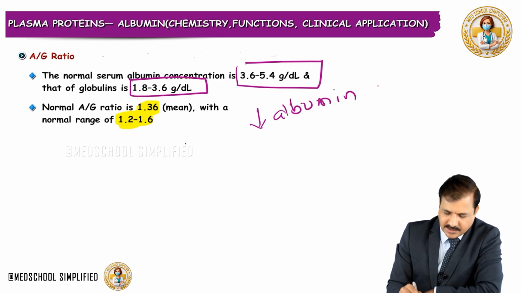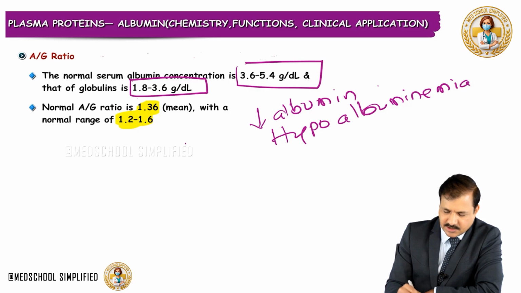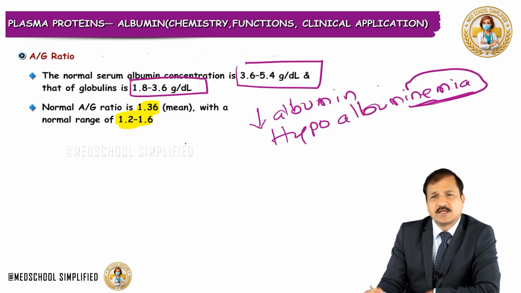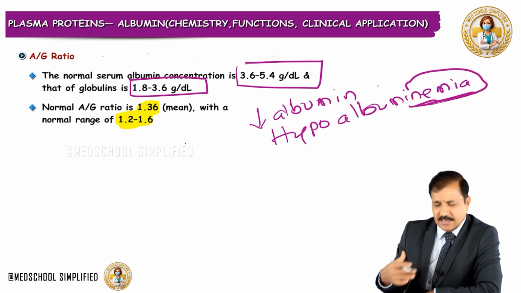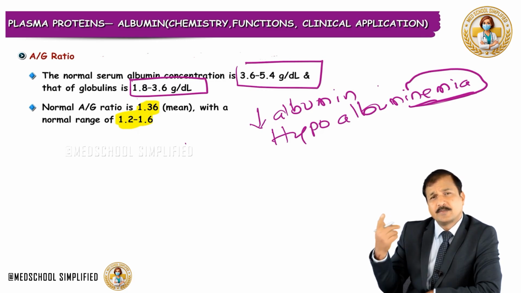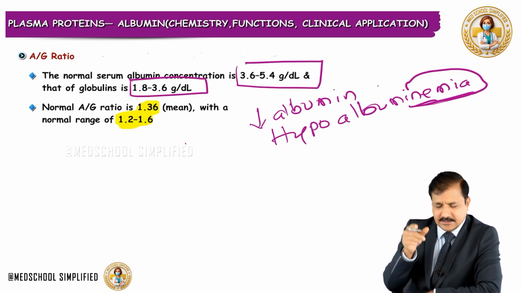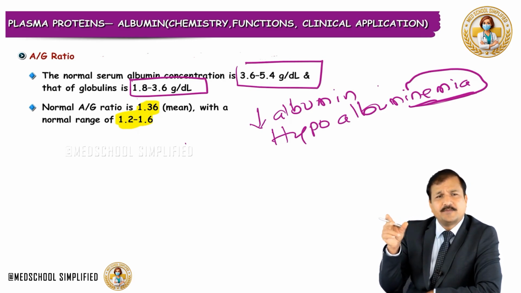Whenever you come across the term emia, remember that it means in the blood. That's just a general way of understanding. Albuminemia, emia, it's in the blood. Albuminuria, appearing in the urine. That's how you can understand it. So a decrease in albumin leads to hypoalbuminemia.